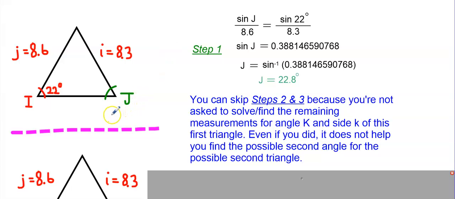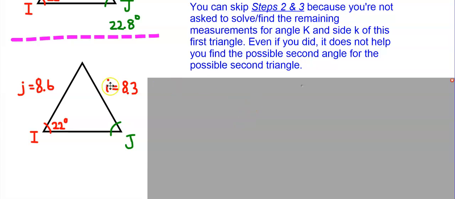So I'll first establish that J is equal to 22.8 degrees. Why did I not put it inside the triangle? Don't ask that question, it's okay. Now I'm going to create a second triangle. Don't mind that.